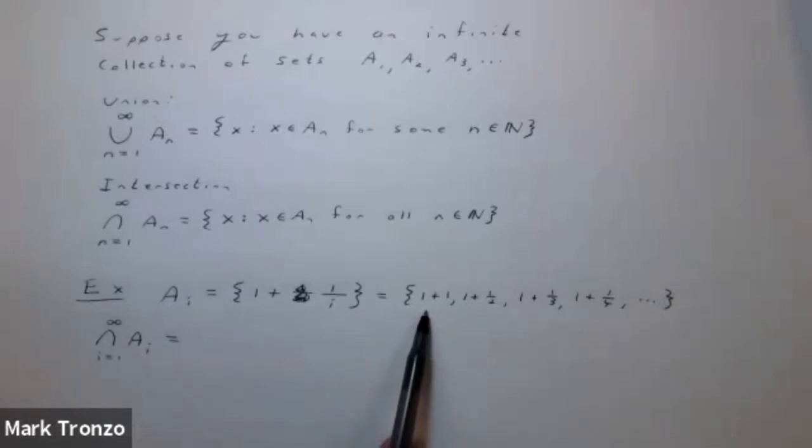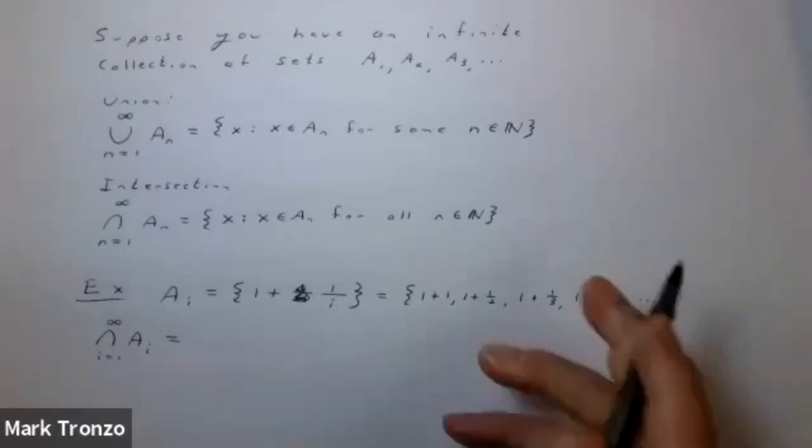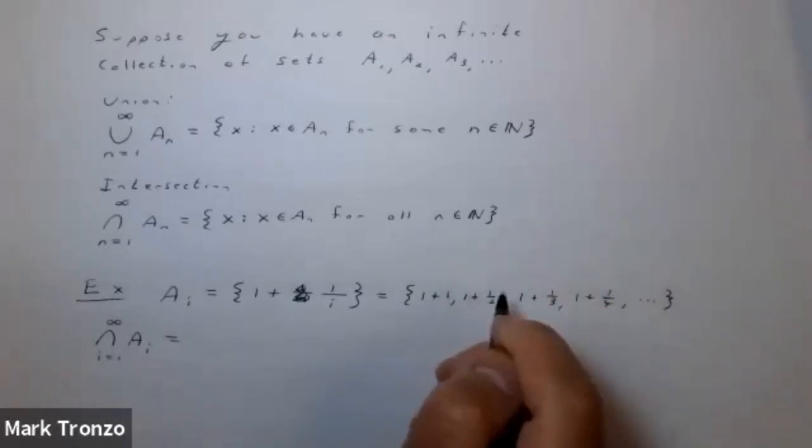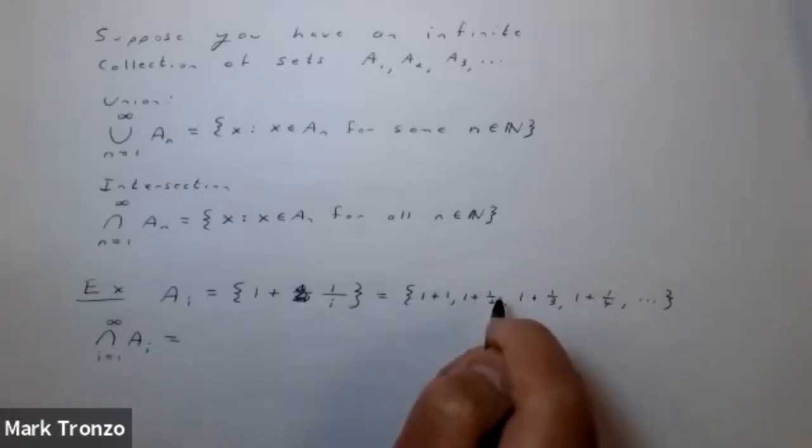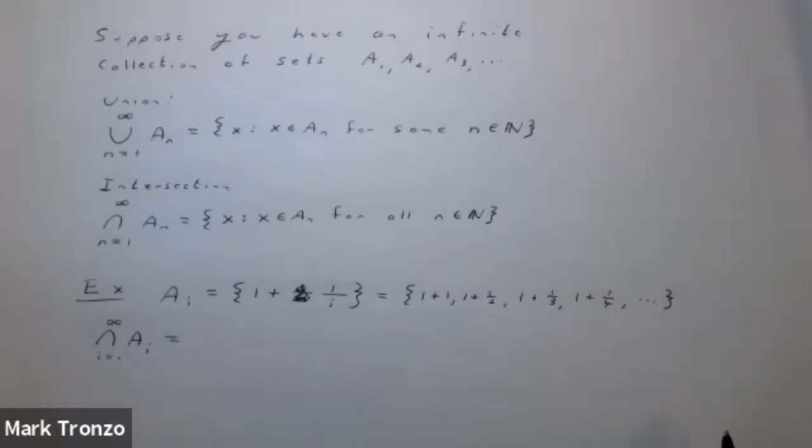Oh, no, I'm sorry. These would actually be separate sets, really, the way I've written it. So let me write this down here. For example, A1 would be the set that has 1 plus 1. Then A2 would be the set that has 1 plus 1 and 1 plus a half.